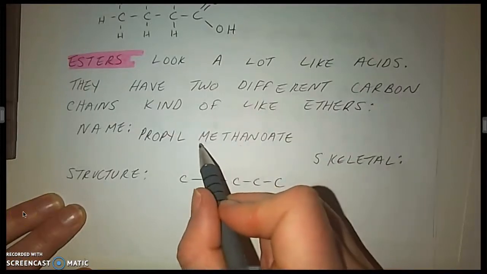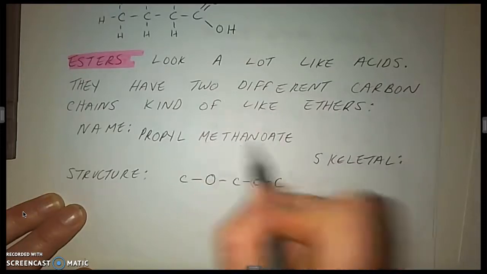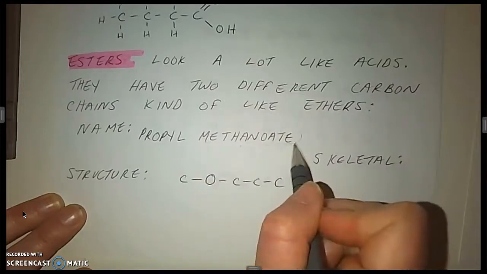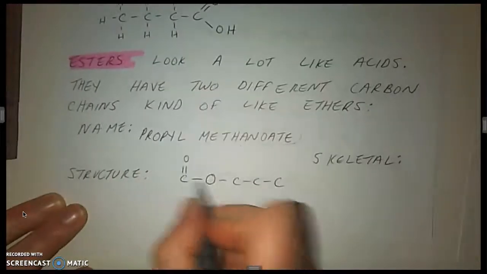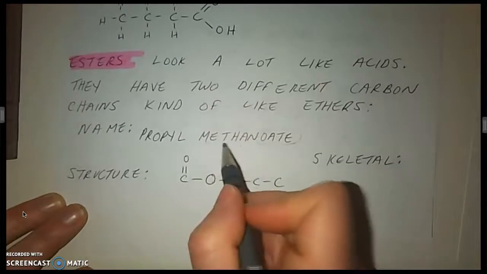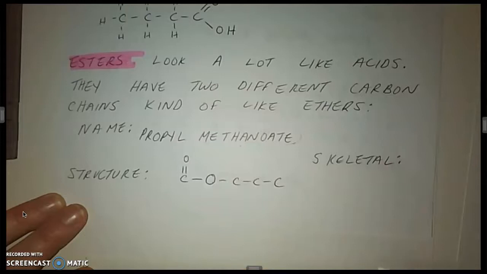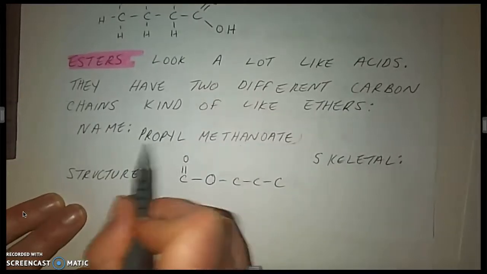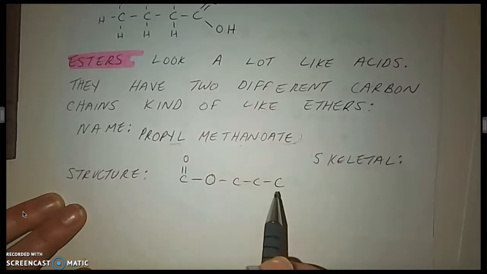Now, the only other thing I need to include here is, for the methanoate, the part of the name that has the oate in it, I also need to put a double bond to oxygen on the carbon right beside the oxygen. So this right here is my methanoate group. The propyl group doesn't need that extra oxygen. So the part that comes first with the yl at the end gets no extra oxygen.